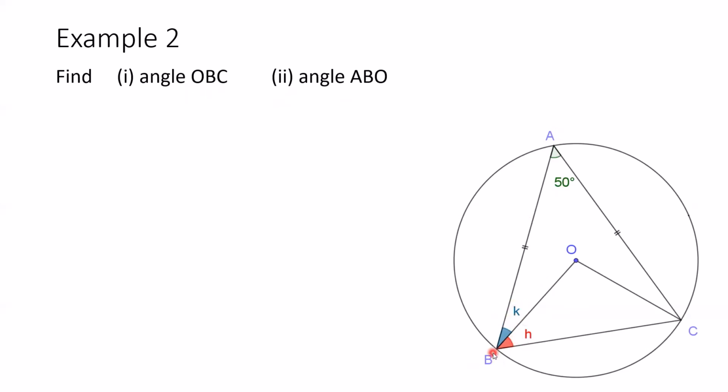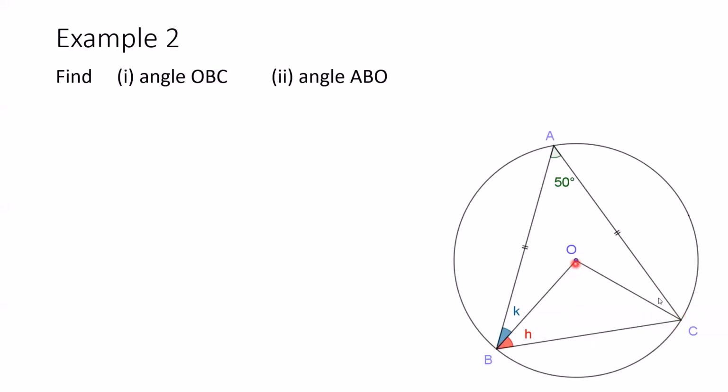But observe that BA and AC are equal. Therefore, ABC is an isosceles triangle with angles ABC and ACB equal. Also, BO and OC are two radii.